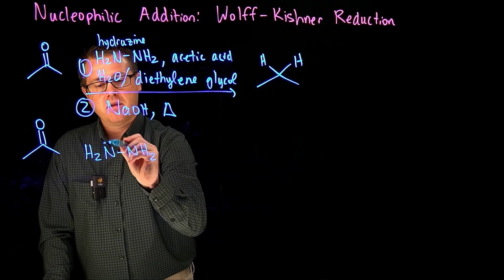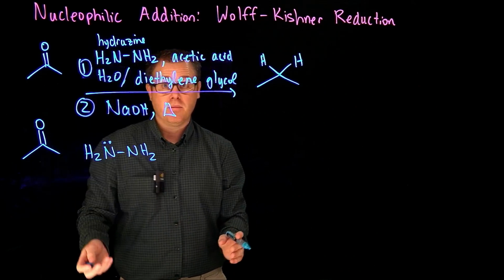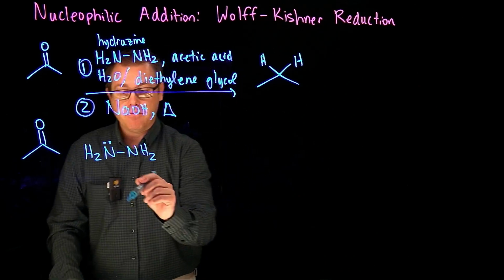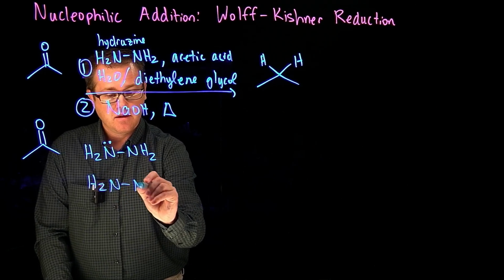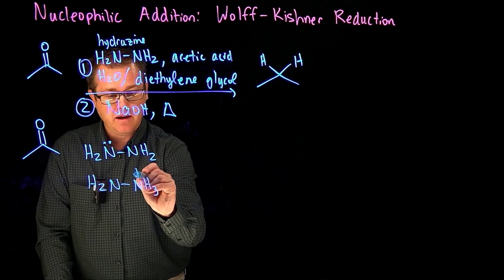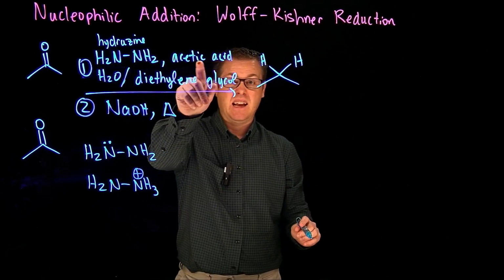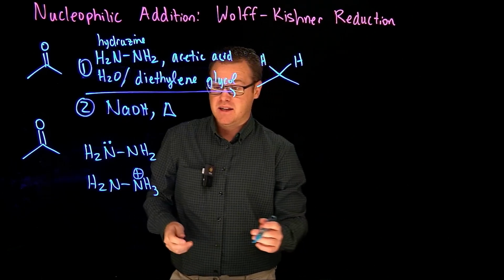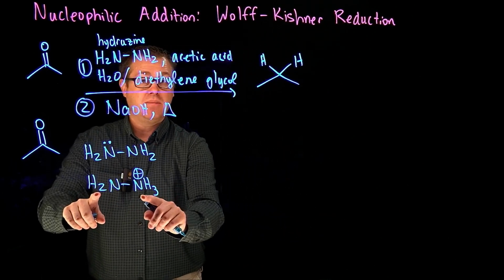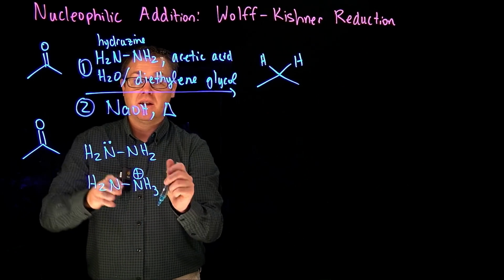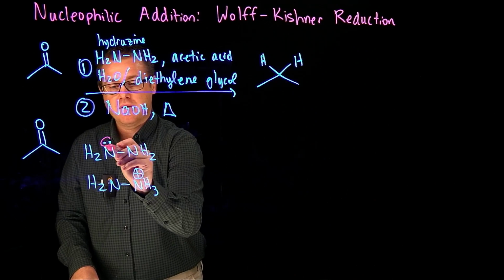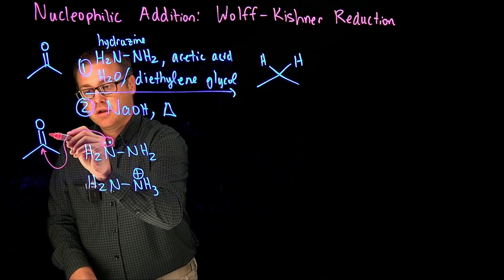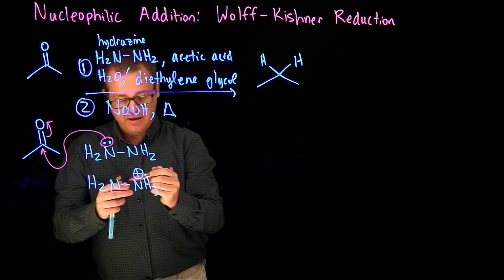Okay. And those nitrogens have lone pairs on them. Then some of the hydrazines are going to be protonated because we've added the acetic acid, mildly acidic conditions. So some of it's going to be protonated, some of it is not. And we are going to invoke the unprotonated version here to do that.